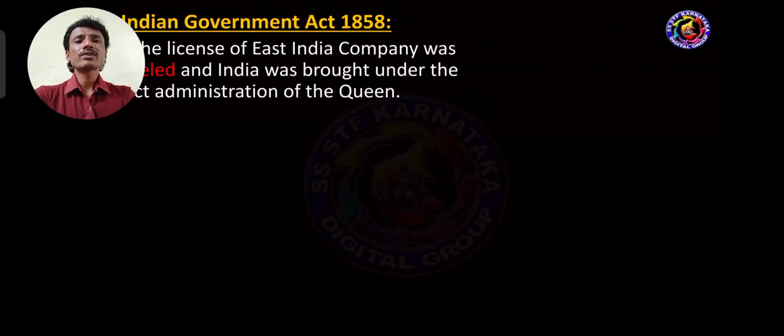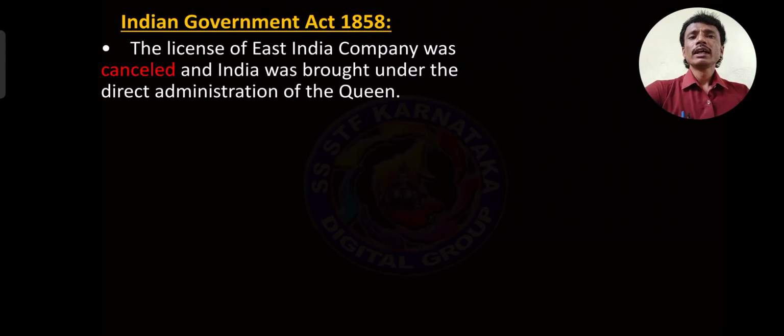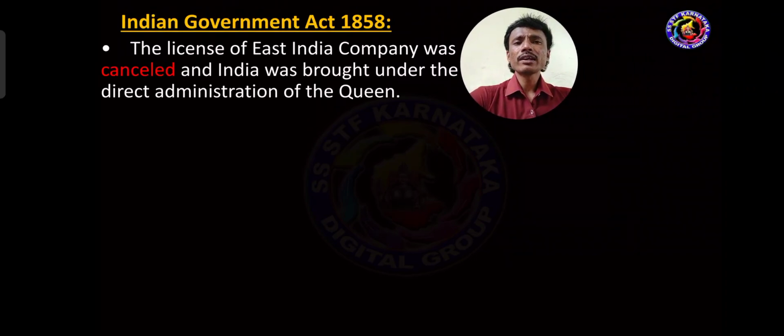Let's see the first. The license of the East India Company was cancelled. So after 1857, the license of the East India Company was completely cancelled and the administration was brought directly under the control of the Queen. Do you understand? Before 1858, the administration throughout the Indian country was carried out only by the British East India Company.